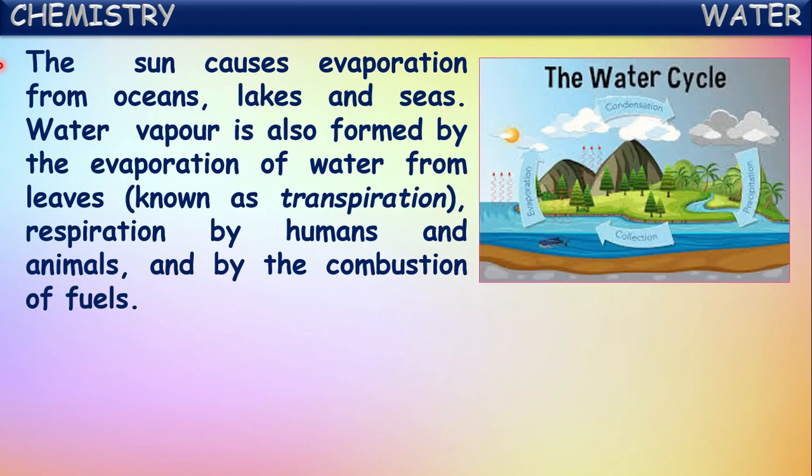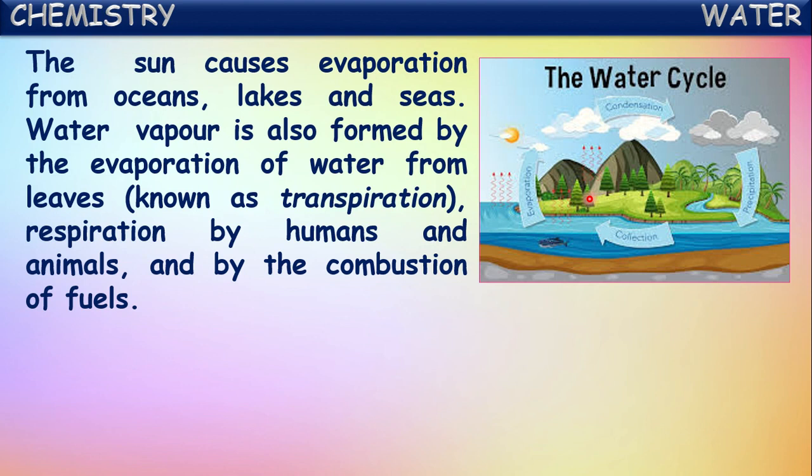The sun causes evaporation from the oceans, lakes, and seas. We know water bodies like oceans, rivers, and lakes all have water. Because of the heat of the sun, the water from the surface of these water bodies slowly evaporates. Water vapor is also formed from the evaporation of water from leaves.